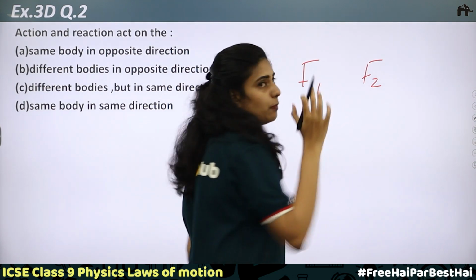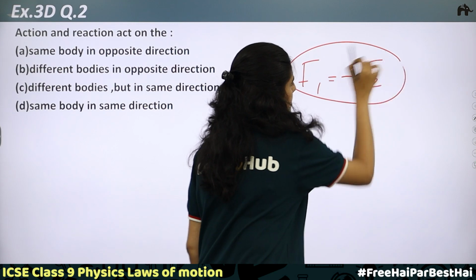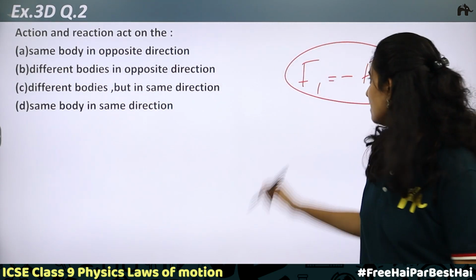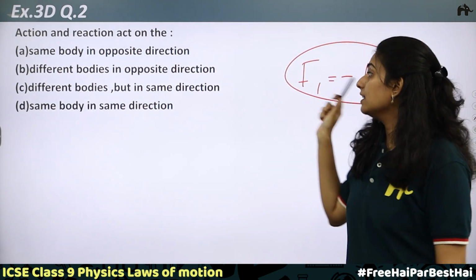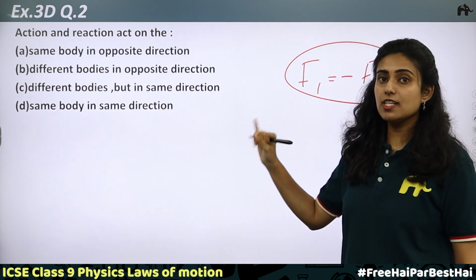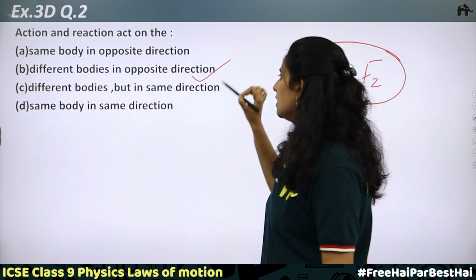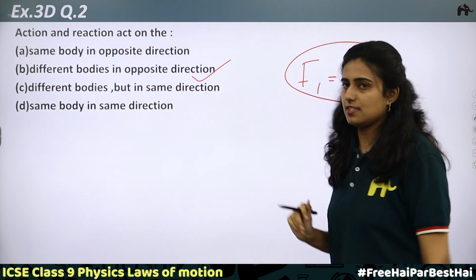If F1 is the action force and F2 is the reaction force, F1 is equal to minus F2. They are acting on two different bodies, as we have seen in many examples, and they are in different directions. So different bodies in opposite direction is the right answer.